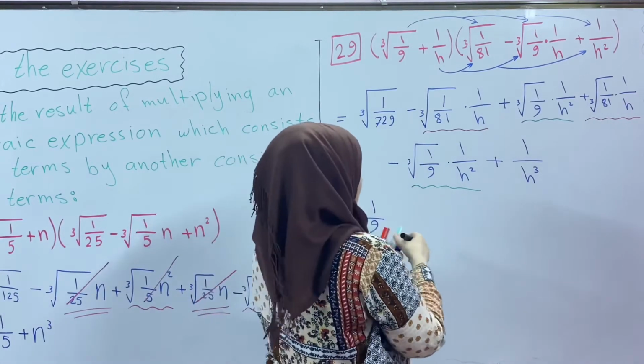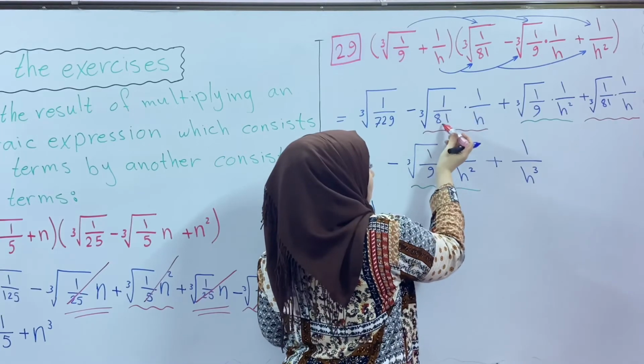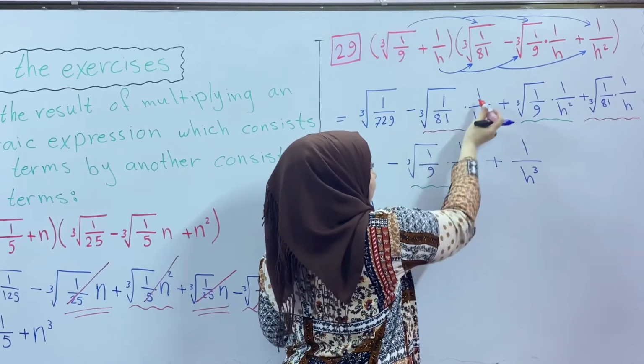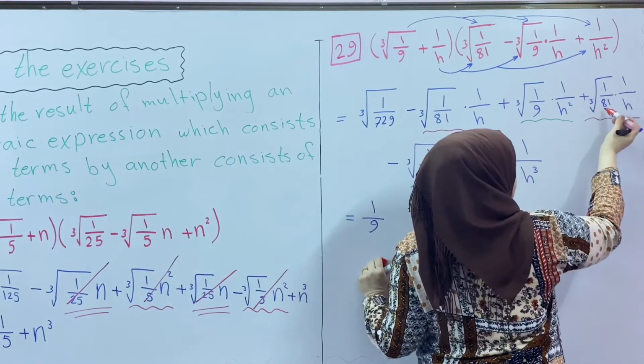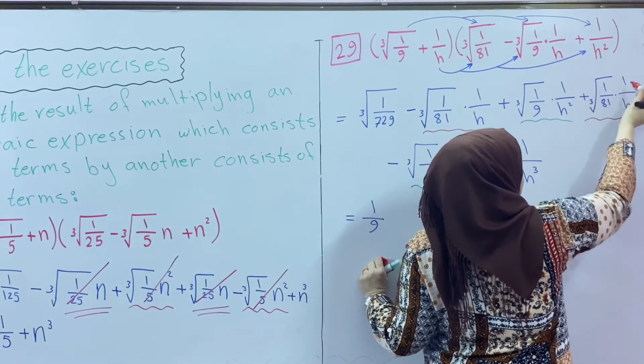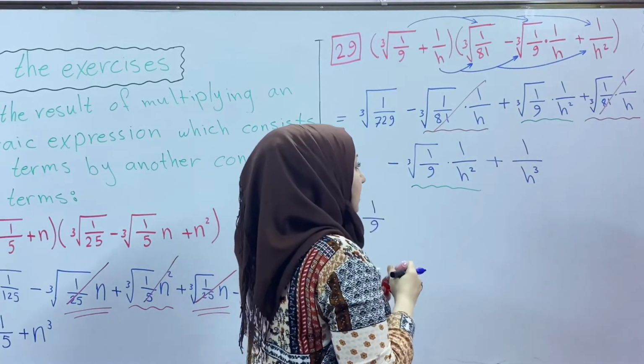And here we see that we have cubic root of 1 on 81 negative 1 on h, and here we have positive cubic root of 1 on 81 multiplied 1 on h, and that means we get here is 0.